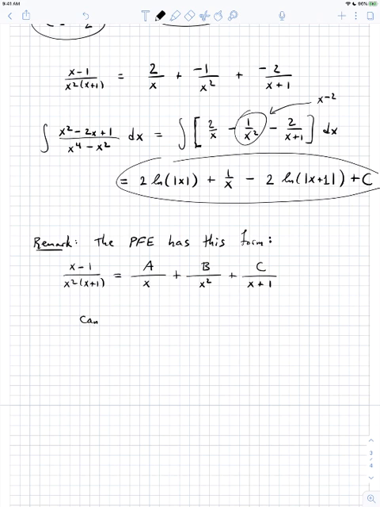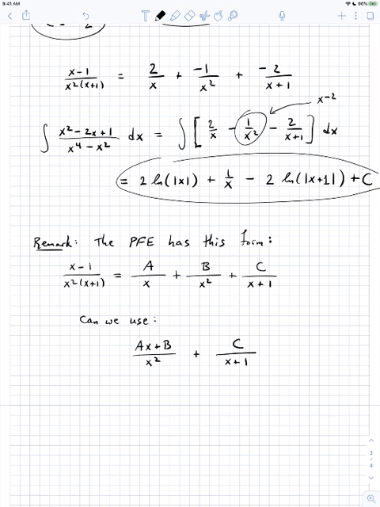So can we use something like x squared plus something over x plus 1, where here we're treating this not as a repeated linear factor, but instead we're treating it as a quadratic. And if you treat that as a quadratic, you'd have to put a polynomial of degree 1 in the numerator, ax plus b. Can we do that?